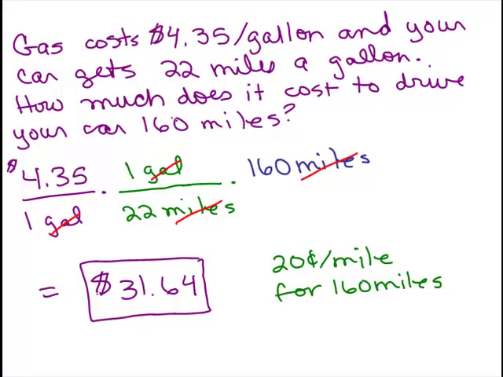So you do 160 times 0.2, and it comes to $32. So when you rounded it, it looks like it costs more, but not much more. So $31.64 is really what it costs, but had you rounded it to 20 and then multiplied by 160, just note you would get a little bit different answer.